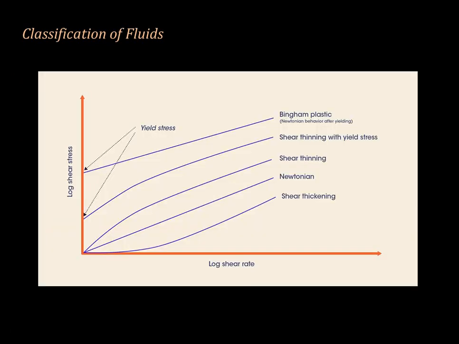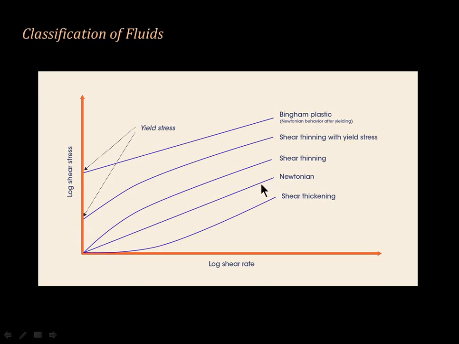Now, the fluids which we have seen under the category of Newtonian or non-Newtonian, the behavior of these fluids can be plotted on a graph of shear rate versus shear stress. Here we can see that in the case of a Newtonian fluid, the pattern is directly proportional.